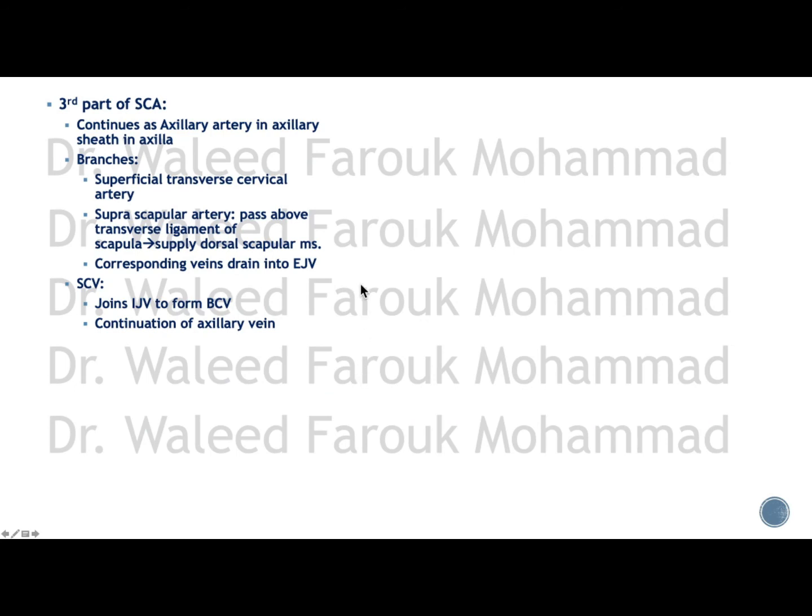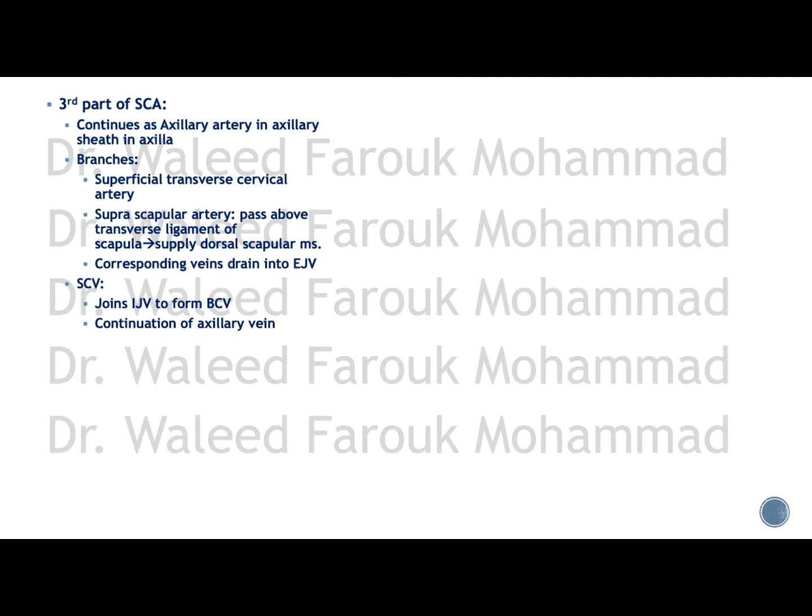Now, last but not least, in the posterior triangle, we have the third part of the subclavian artery. Of course, the artery continues as the axillary artery in the upper limb, and we will talk about its branches in detail in the next lecture, because we will have a topic called the subclavian artery. But remember that some of the branches of the artery, although it arises in the anterior triangle, it crosses on its way back.